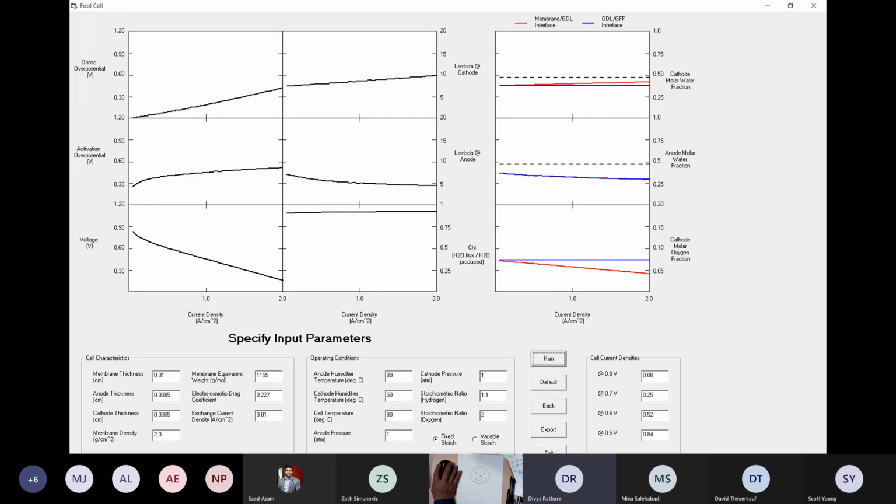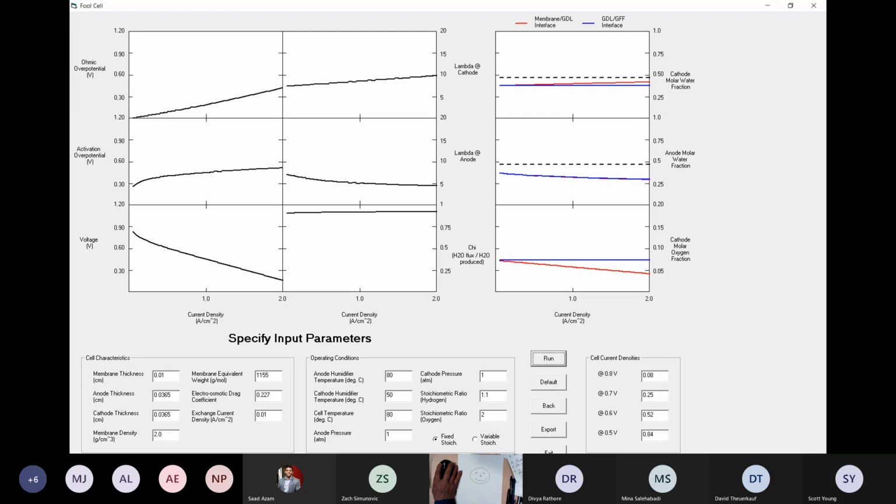Yeah, typically in a real fuel cell, the oxygen is air, so it's free. So the only thing you have to worry about is the fact that you have to blow it through the fuel cell. So you have a blower that's blowing the air through the flow field.